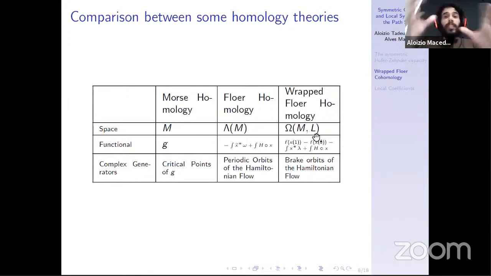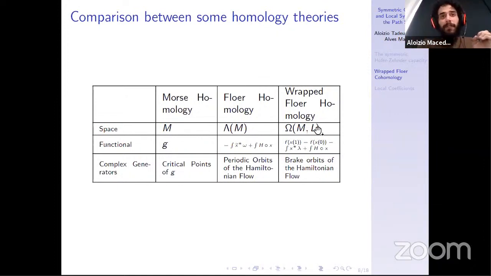But instead of just a Liouville domain, we now have a Liouville domain with a fixed Lagrangian L. And then the functional is this. This first term now enters due to the boundary conditions. We will not only restrict to periodic orbits like the free loop space, but the space will be constituted of orbits that begin on L and end on L.